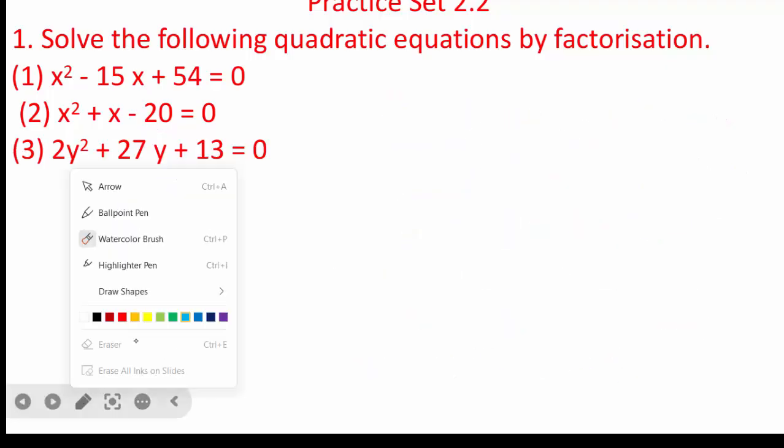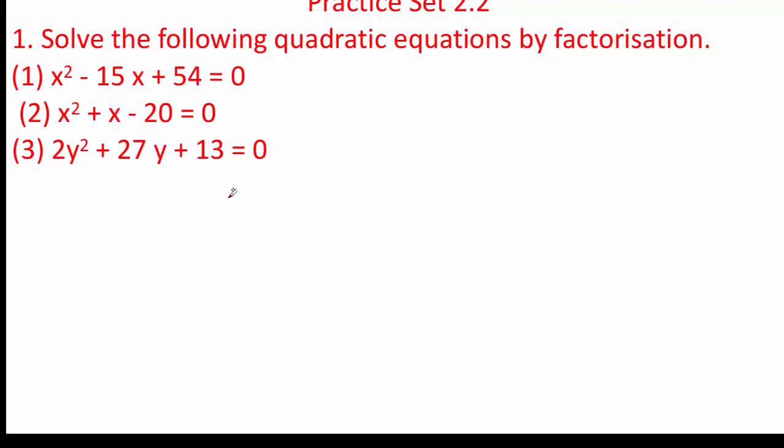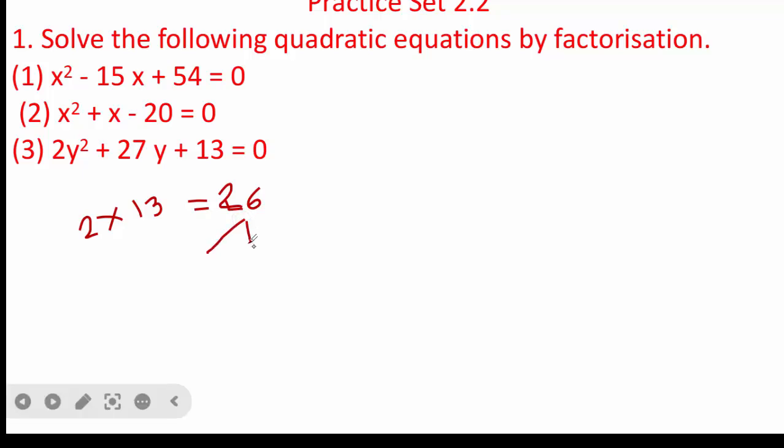Third equation is 2y square plus 27y plus 13. Here, coefficient of y square is not 1. Therefore, 2 multiplied by 13 equal to 26 is there. And 26, I shall factorize this 26 in such a way that their sum is 27. Therefore, factors of 26 are 26 and 1.